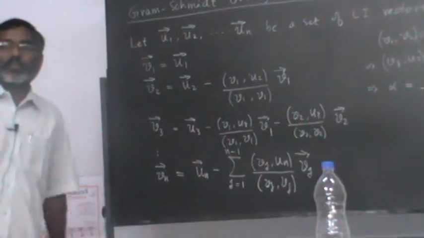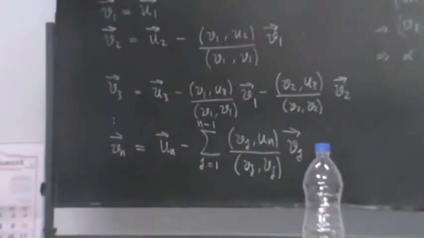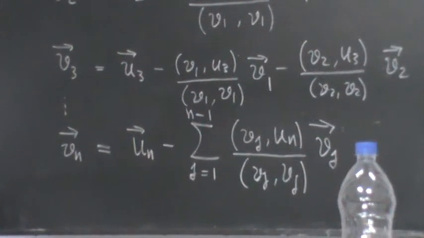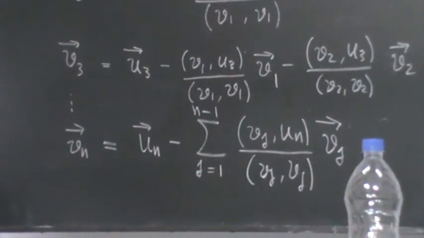By construction, v1, v2, up to vn are orthogonal. This is called the Gram-Schmidt orthogonalization procedure.